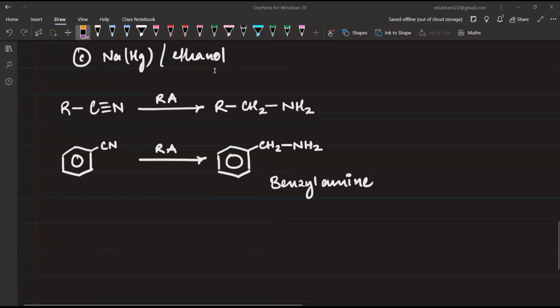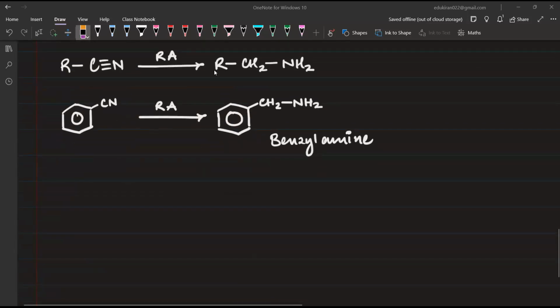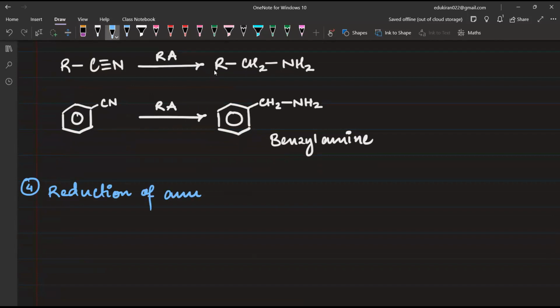Right, next. The fourth method of preparation: reduction of amides. Now, in reduction of amide, we can have R, C double bond O, NH2.